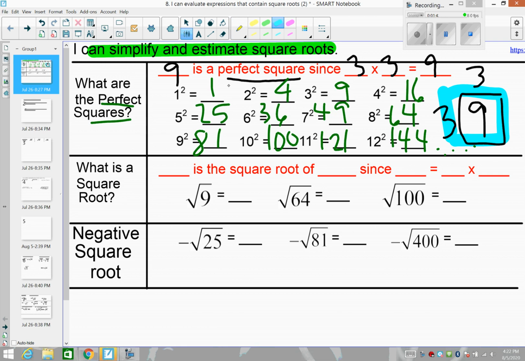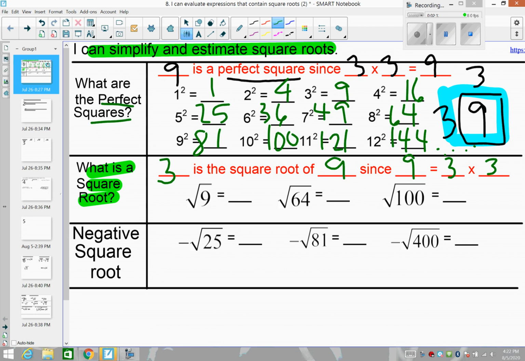So what is a square root then? We're basically undoing the area. So to fill in the blanks here: blank is the square root of blank, since blank equals blank times blank. So 3 is the square root of 9, since 9 is equal to 3 by 3.